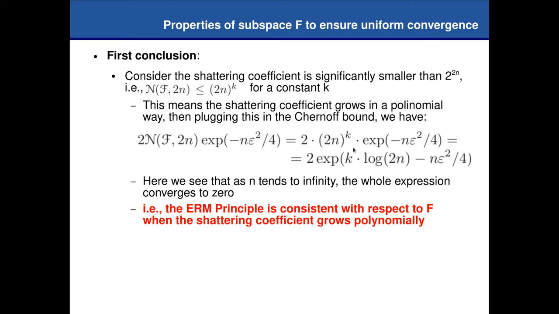I can plug this inside my exponential by applying log and exponential to this term, and I can sum up both powers in terms of my exponential basis, and this is going to be the same as k times the log of 2n minus this term over here.